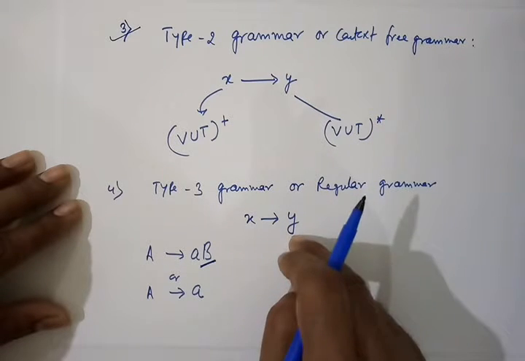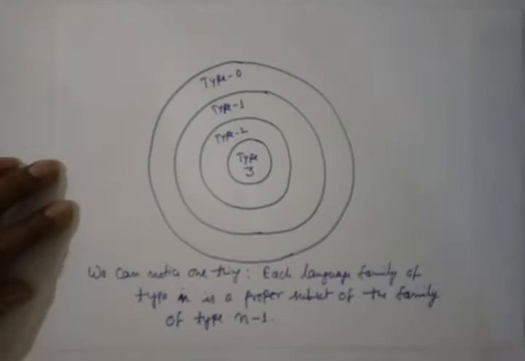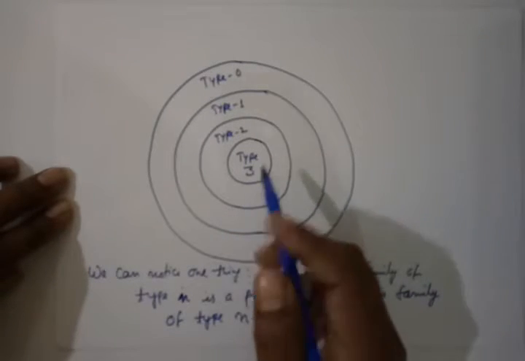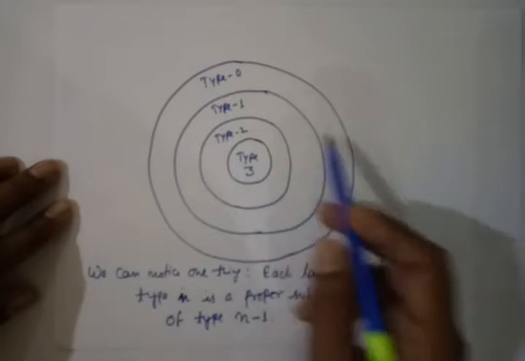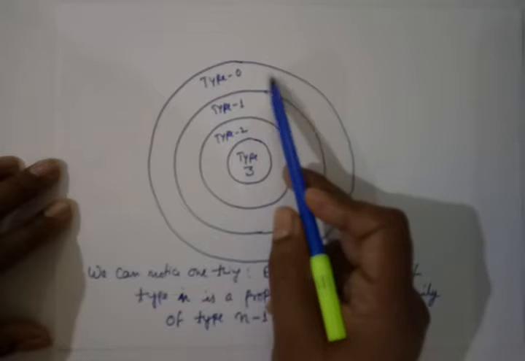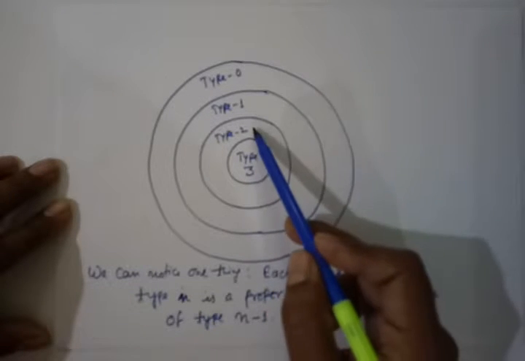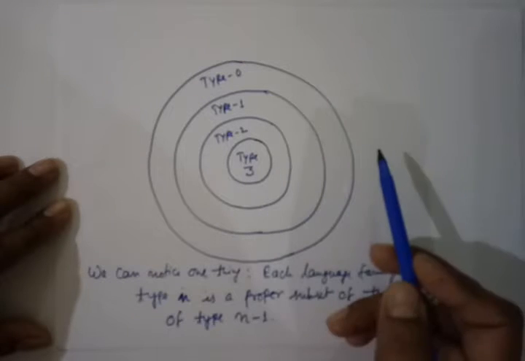Now we can see this by a diagram. Diagrammatically, this classification can be shown as type 0 unrestricted, type 1 context sensitive, type 2 context free, and type 3 regular.